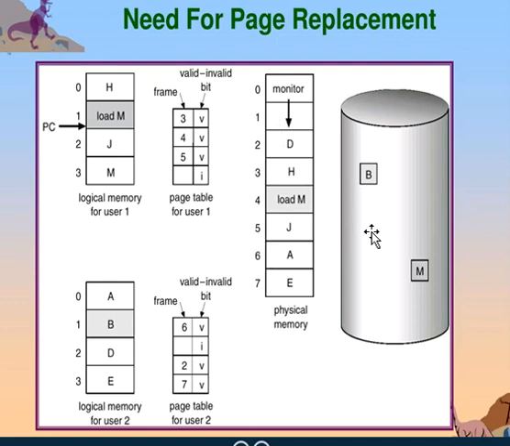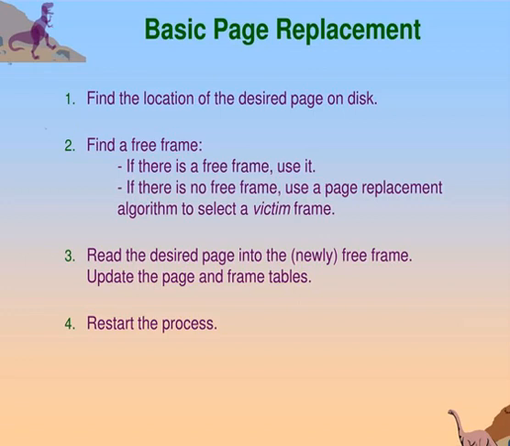So load M, already it is loaded, so M is there inside, so we have to replace that later with B. Later we can, but it is invalid, so we can't replace it now. We have to check whether any other free frame is available or not. Next we have basic page replacement.